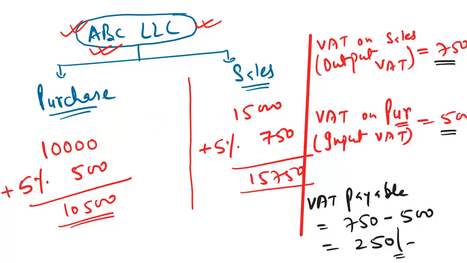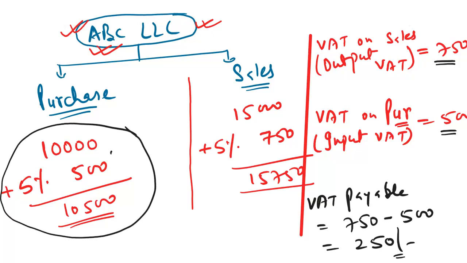So do you think in the case of purchase, this 500 will impact my product costing? No, this 500 dirham will not impact my product costing. Why? Because right now I am paying 500 at the time of purchase to the supplier, but later on I will take money back from the customer.